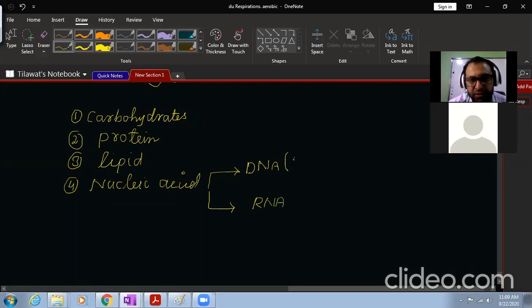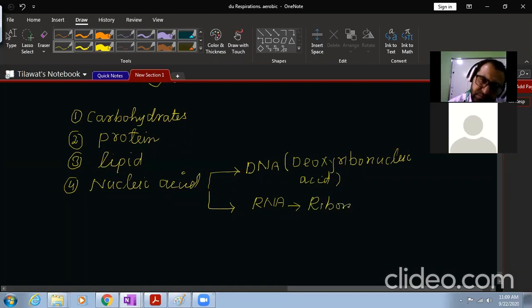If you want to write, so DNA is deoxyribonucleic acid, okay, while RNA is ribonucleic acid. These molecules form our cell. These molecules are needed for the function of our cell.